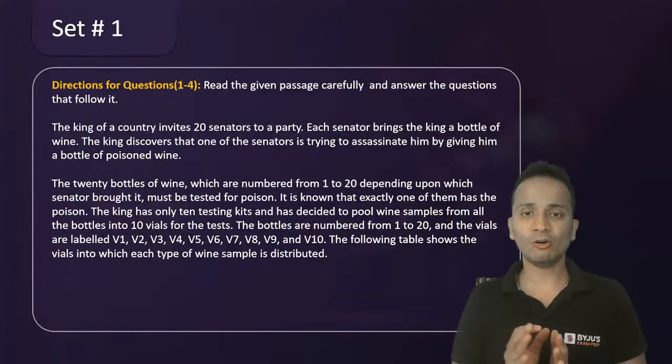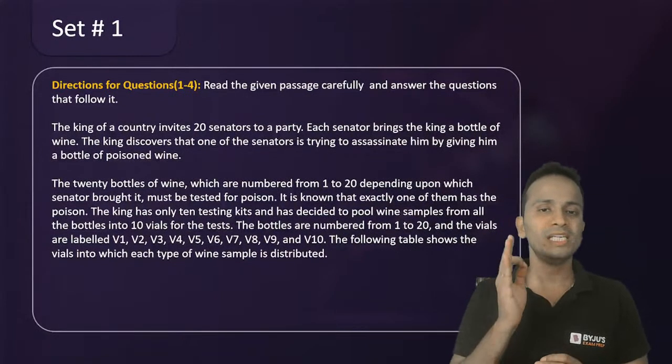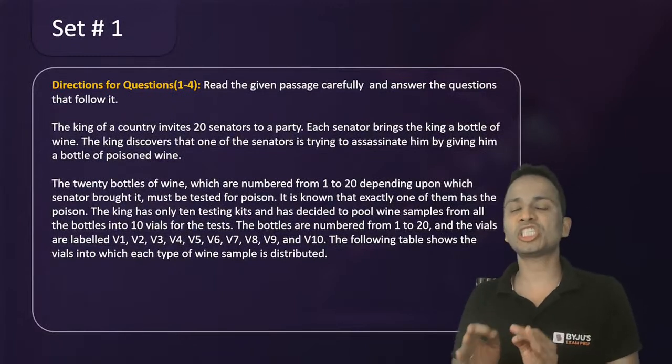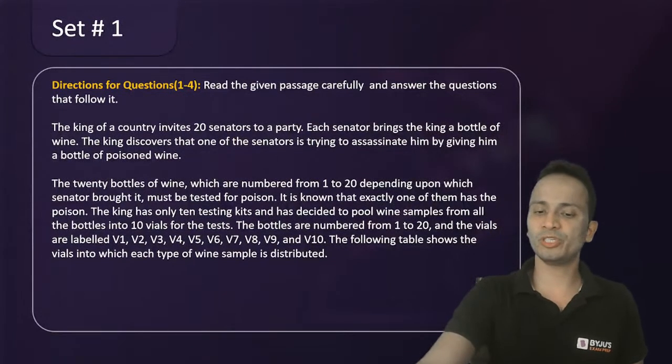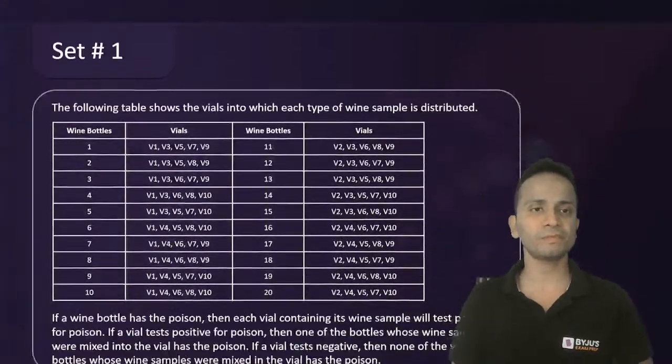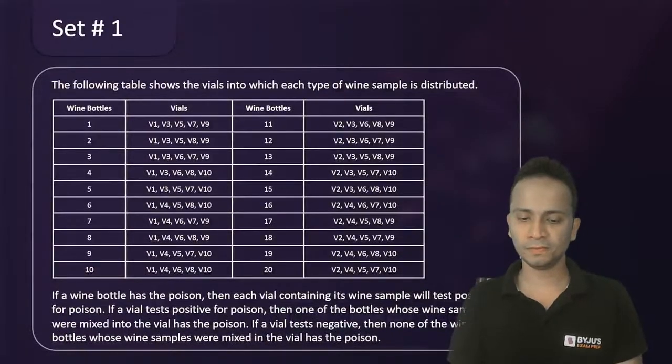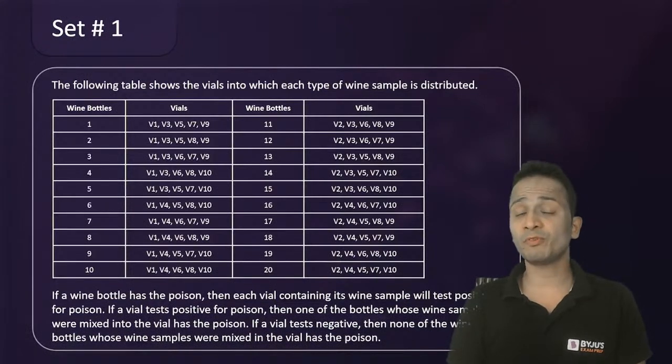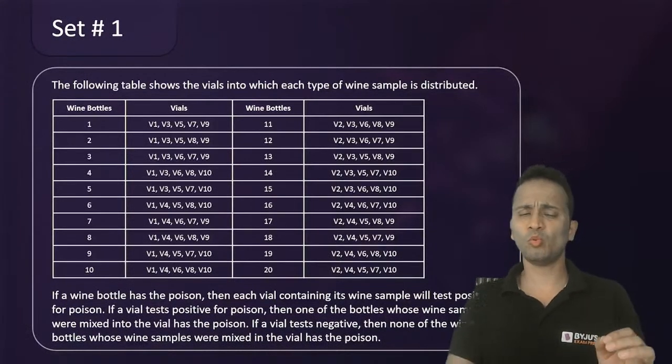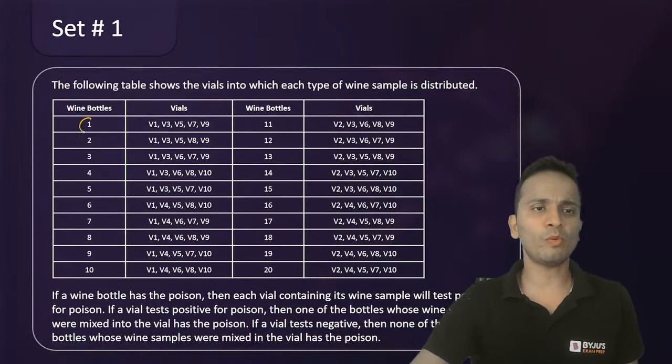All right. Now, the following table will show each of the vials into which each type of wine sample is distributed. So let's have a look at the table. The following table shows the vials into which each type of wine is distributed. So wine bottle 1, understand the data.